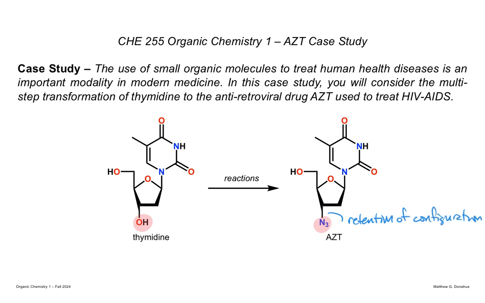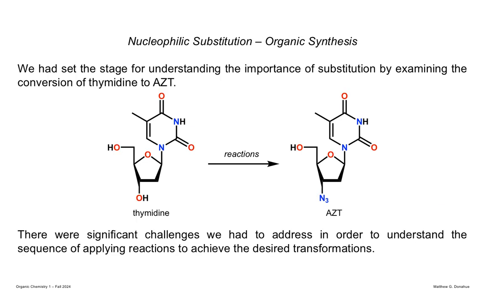So right off the bat, that tells us something in terms of the reaction sequence that we have to consider. The other important thing to note is we said there's a primary alcohol and a secondary alcohol. So that the SN2 chemistry, we know by the rate, things that are primary react faster than secondary. So how are we going to deal with the primary alcohol in the presence of the secondary?